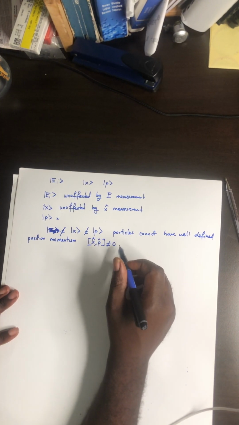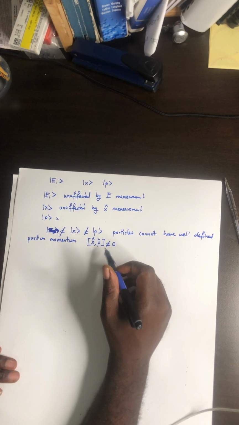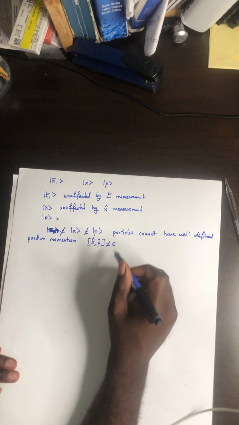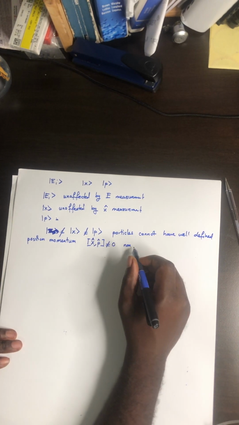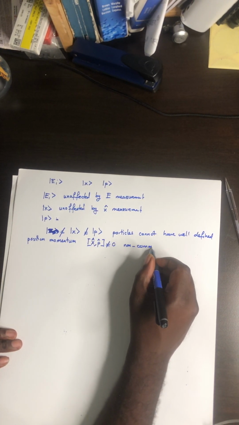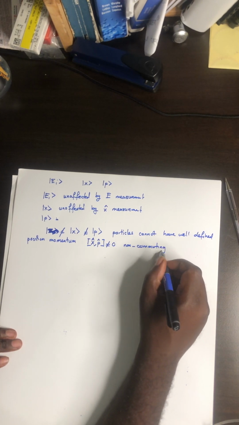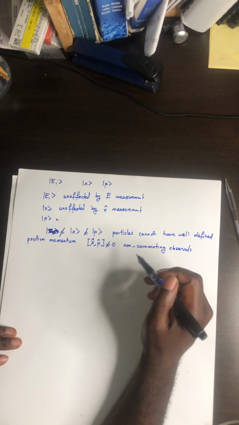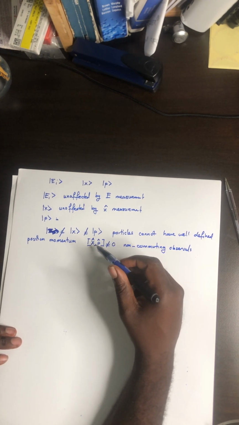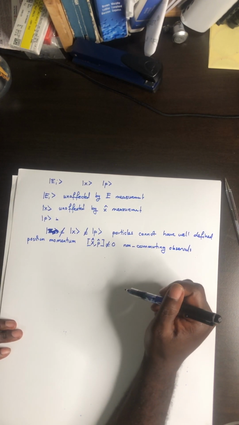This shall appear later when we start discussing operators in detail. So we say x and p are non-commuting observables. So you can never simultaneously know the position of a particle and the momentum of the particle.